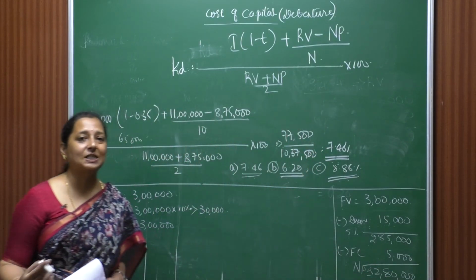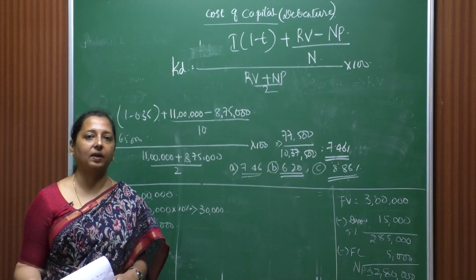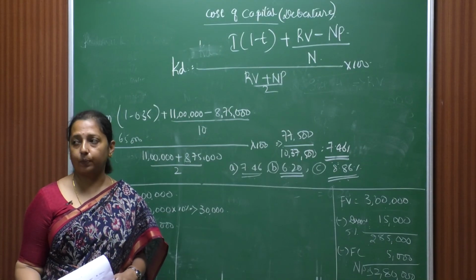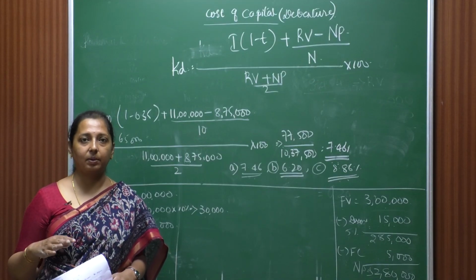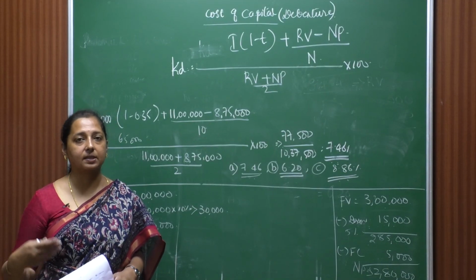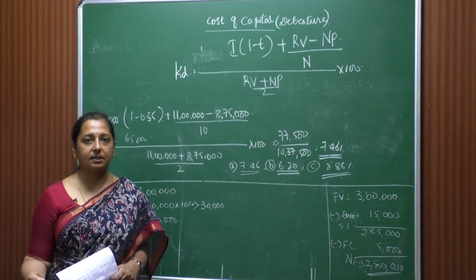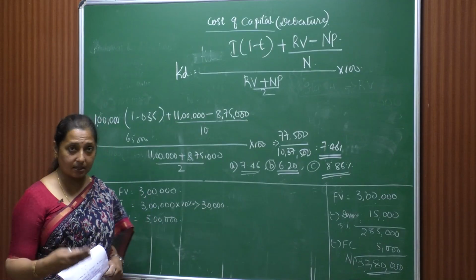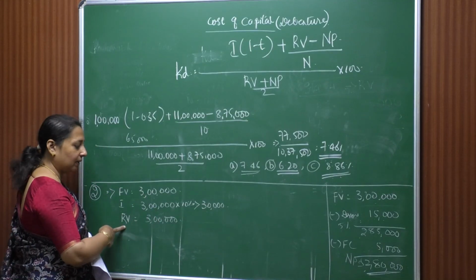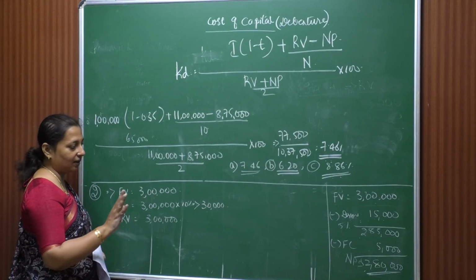If they have not specified anything, consider RV as the face value. So, you do not get confused with redeemable value and net proceeds. The redeemable value after 5 years, 6 years, 7 years, if they give it at a discount, premium or par value, you can treat it accordingly. But under this problem, we are treating the RV, redeemable value, as face value only.